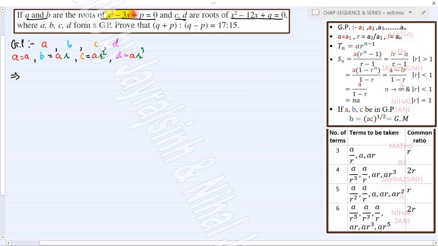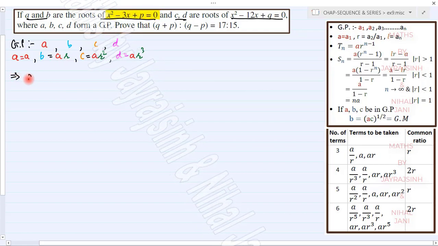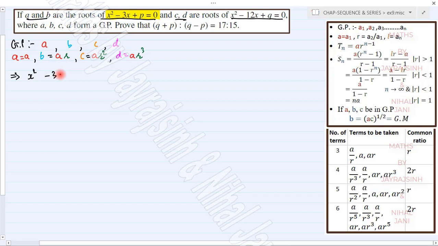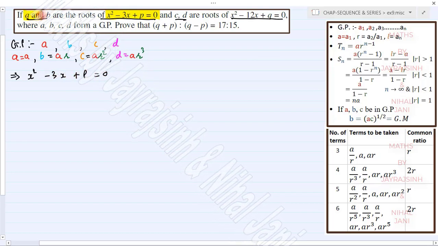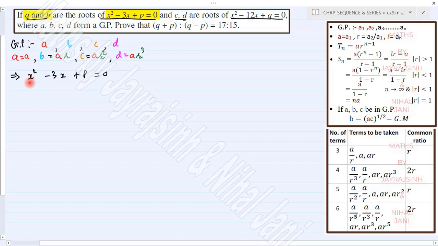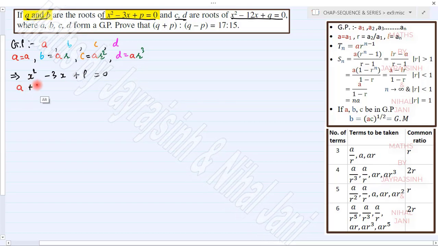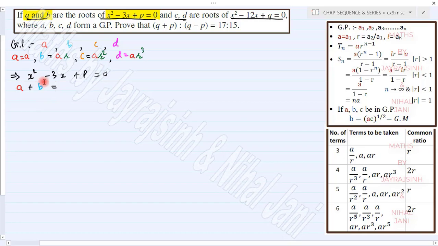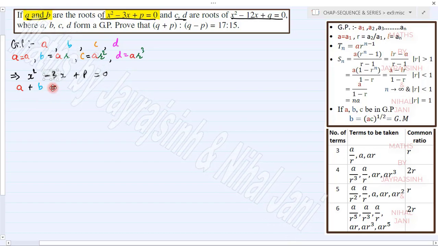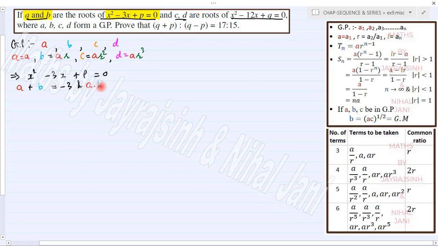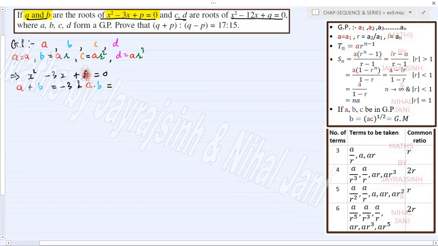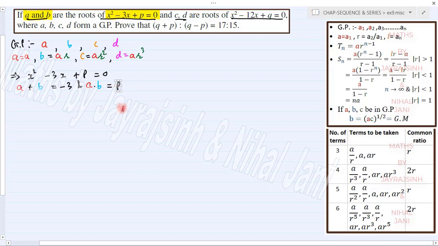Now your first quadratic equation, which is x square minus 3x plus p is equal to 0, having roots of a and b. So we can say the summation of the roots must be equal to the coefficient of x, and the product of roots must be equal to constant term, which is p.